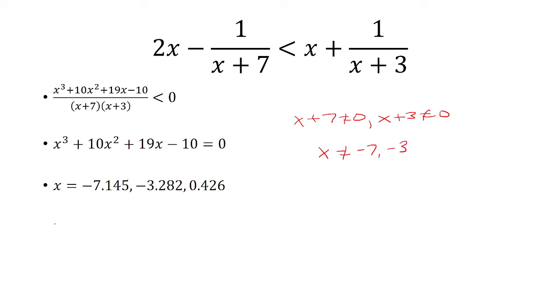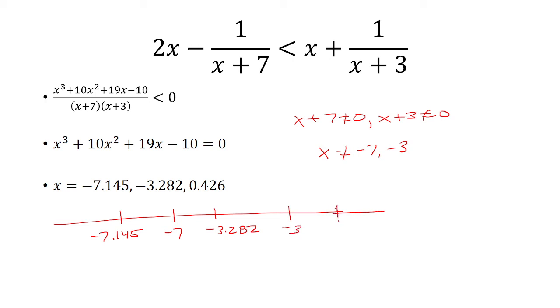So what we're going to do is draw a number line with the zeros and, in this case, the vertical asymptotes, which are negative 7 and negative 3. I'm going to put an x there, denoting that we don't want to use those values. But we still want to include them in this number line because we want to find values between them.